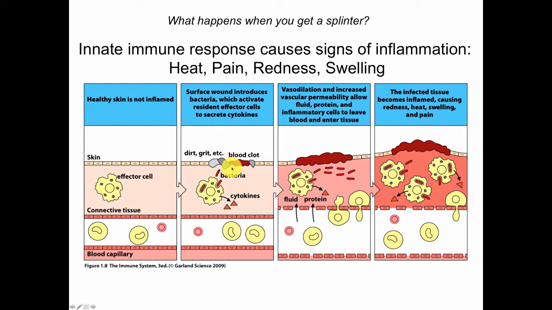Associated with that splinter may be dirt and bacteria, and those bacteria will activate these innate immune cells that are in the barrier site, these macrophages, to make molecules like cytokines and chemokines that I'll explain in a little bit more detail in a few minutes, that serve to act on local endothelial cells at blood vessels that help to make these cells leaky and attractive to other white blood cells that are circulating by, so that these white blood cells bind to the blood endothelial cells, fluid extravasates from the bloodstream into the tissue site, and you have swelling, redness at that site of tissue damage.